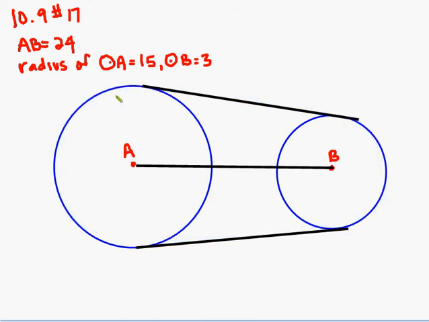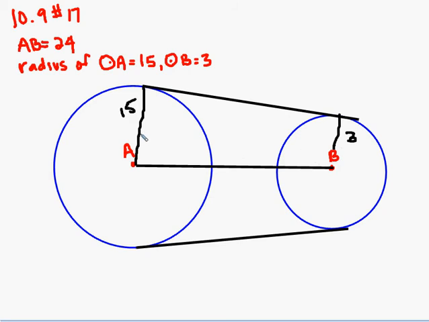So we're given that AB, the distance between the centers of the circles, is 24, and we're also given that the radius of circle A is 15, so let's mark that up. Radius of circle A is 15, and I know the radius of circle B is going to be 3. Now obviously these are not drawn to scale.